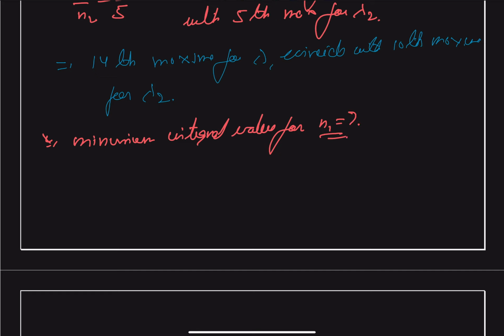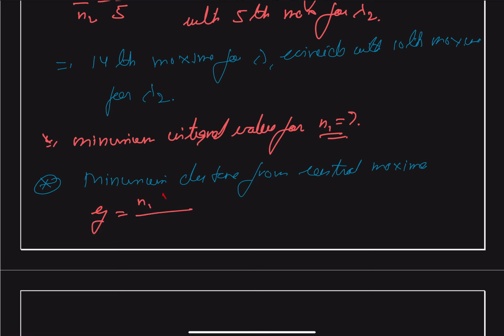So based on this, we are going to find the minimum distance from the central maxima, and that is governed by the formula y is equal to n1 lambda 1 D upon small d.